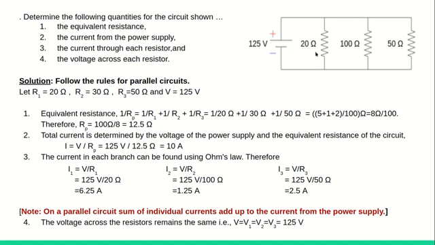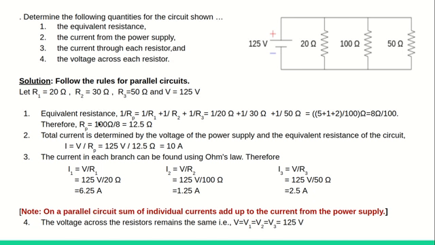One is 20 ohm resistor, the other is 100 ohm resistor, and the third is 50 ohm resistor. So we have to give the initial values for all the three, that is R1 is 20 ohm, R2 is 100 ohm, not 30, and R3 is 50 ohm, and potential difference 125 volt.